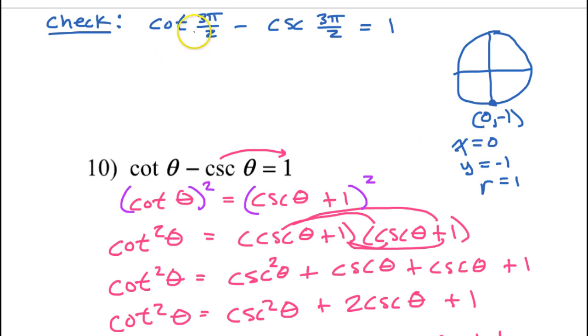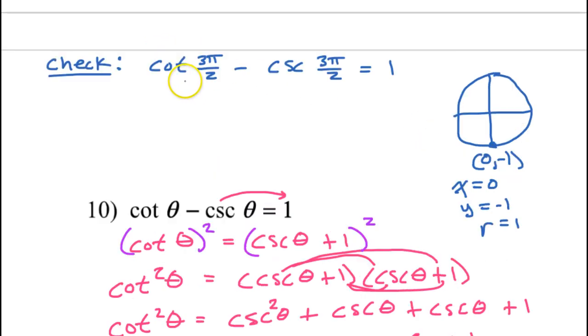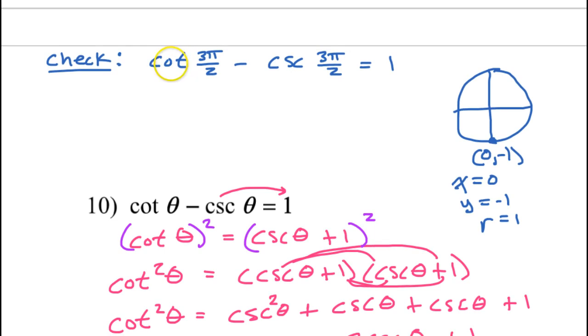So what will the cotangent be? Remember that cotangent is x over y, the reciprocal of tangent. So that's going to be 0 over negative 1, which is 0. Now, what about the cosecant? Cosecant is the reciprocal of sine, and sine is a y value on the unit circle.